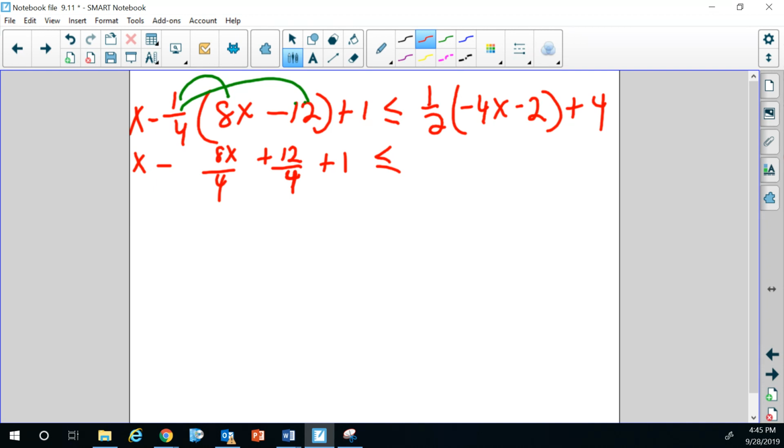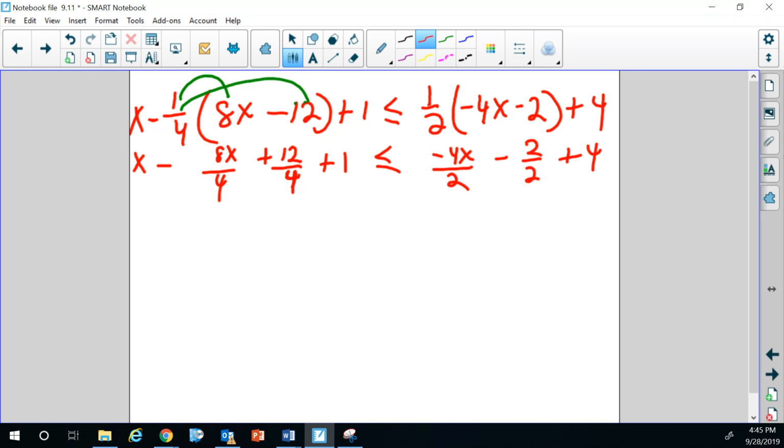Again, that can be written as negative 4x over 2, minus negative 2 over 2, plus 4. So remember, when you're multiplying by a fraction, as in the case with the 1/4, you're actually dividing by the denominator, which is the 4.